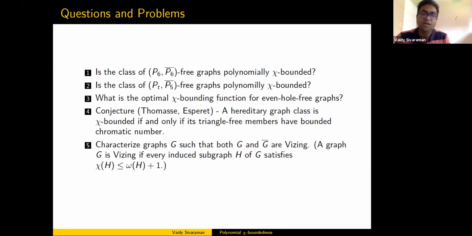Algorithmic problems are hard, even in Vizing graphs. So my suggestion would be to try to understand graphs in which both the graph and its complement are Vizing. So maybe there is more traction there, and maybe they kind of mimic perfect graphs in some sense.